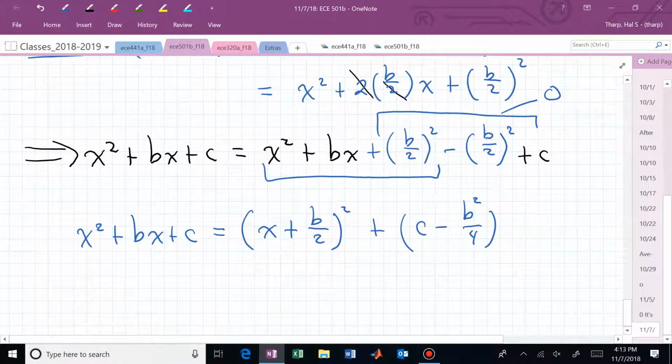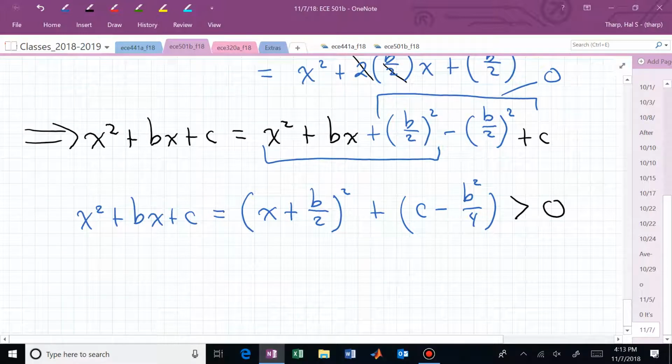And when am I assured that that will be greater than 0? Under what conditions can I force that x squared plus bx plus c to be bigger than 0? That's why I tried to create that squared quantity, x plus b over 2. That takes care of quite a bit of the expression.